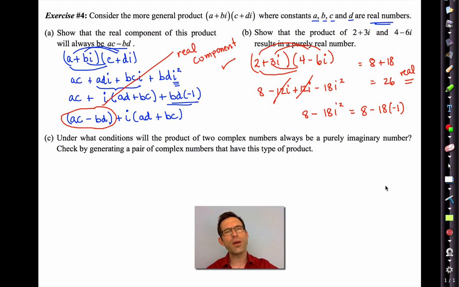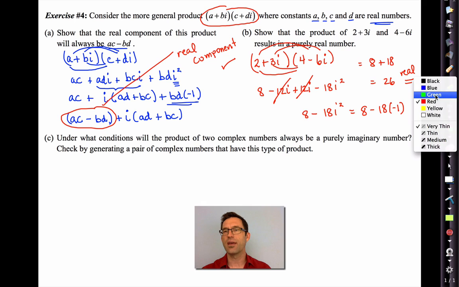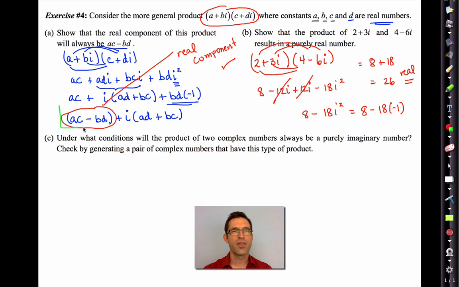Now letter C, I especially like this one. It says, under what conditions will the product of two complex numbers always be purely imaginary, a purely imaginary number? How in the world will this product ever be purely imaginary? I want you to think about that, and as a hint, think about this expression.